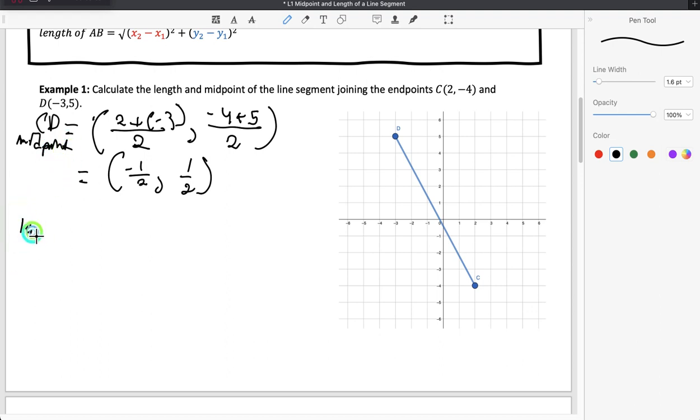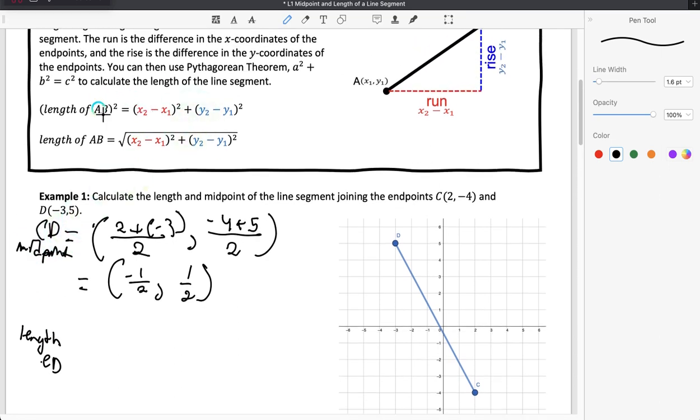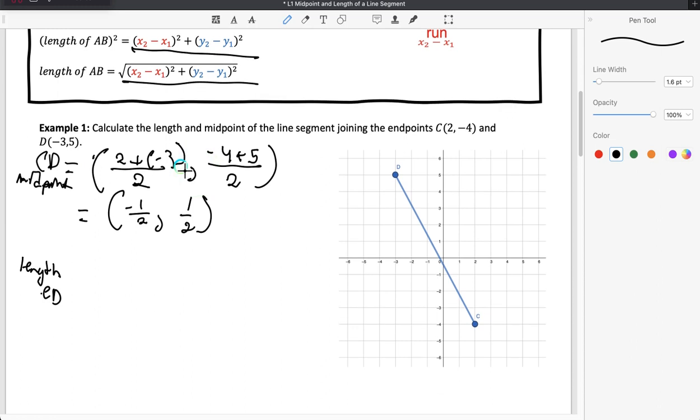And the length CD, we use the Pythagorean theorem to figure out what the length is. That means we take the square root of (-3 minus 2) squared plus (5 minus (-4)) squared.